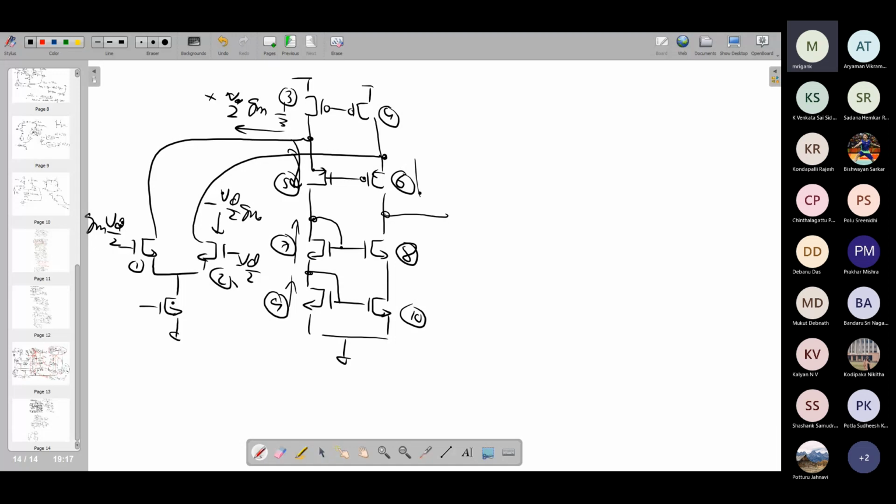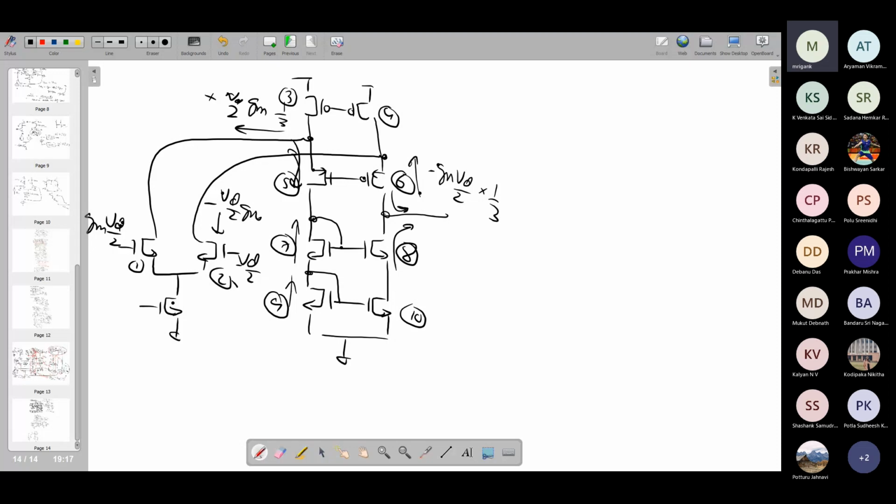So this one is also getting minus gm Vd by 2 into 1/3, right? So this current goes into M6 and appears at the output, whereas the same current magnitude appears from M8 and M10 at the output. So it is also behaving in a similar manner, if you see, right?